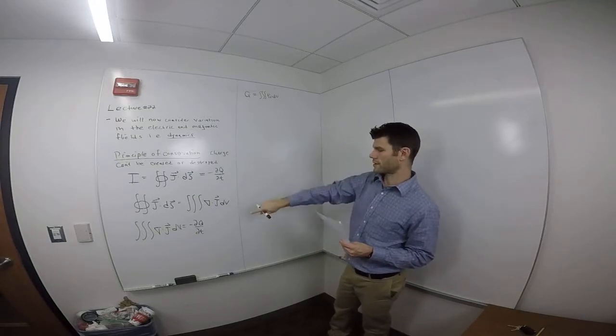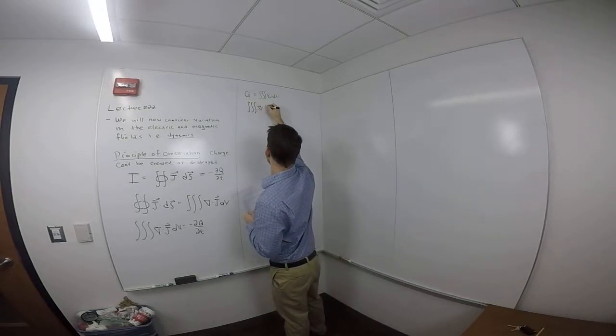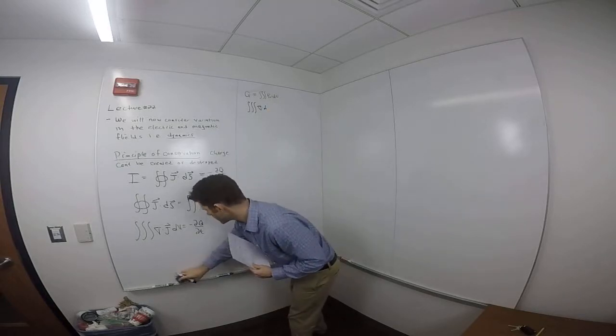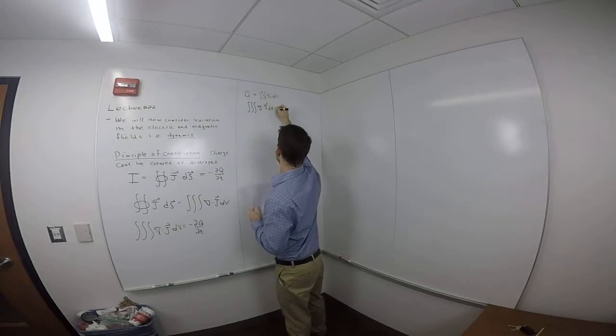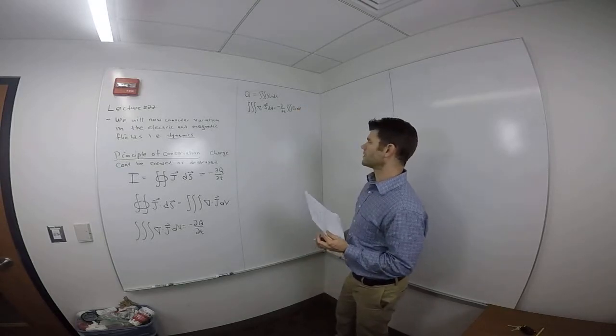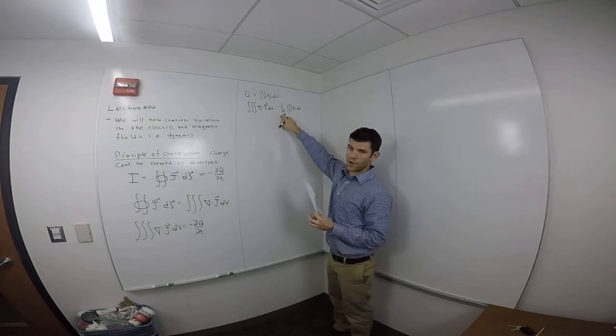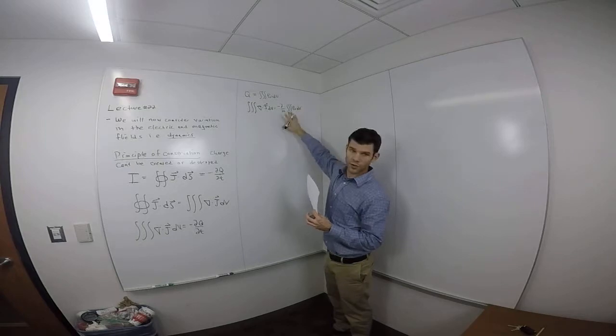So from here we can actually substitute this in, and we can say that the volume integral of the divergence of J dV is equal to negative d/dt of the volume integral of rho sub v dV. Now from here we can see that this is dependent on time, right? But this dV right here is spatial dependence, right? So they don't affect one another.